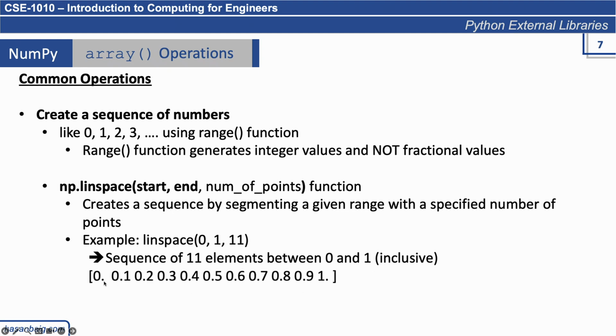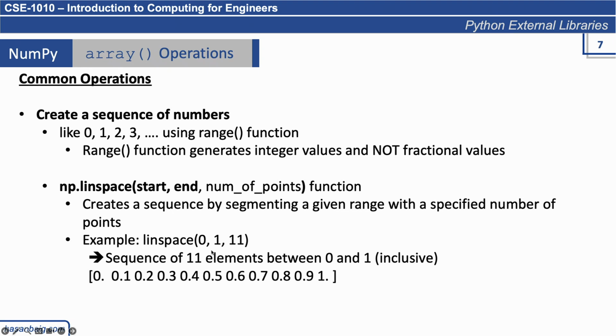You can see 0, 0.1, 0.2, 0.3, and all the way until 1. In order to generate an integer sequence, you can simply use the range function. In order to generate a fractional sequence, you can use the np.linspace function.